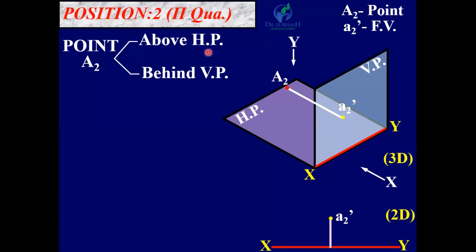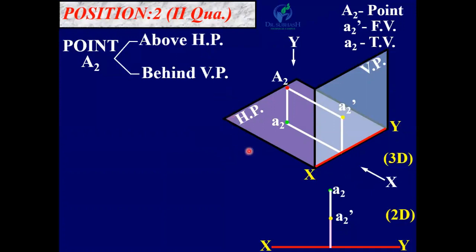Now looking from the top, from this direction Y, the top view, the projection of A2 on HP, is denoted by small a2. Again, if we rotate this plane in a clockwise direction by 90 degrees, this a2 will be on this VP. So in 2D, you can draw it here.